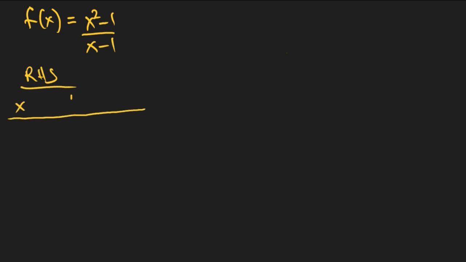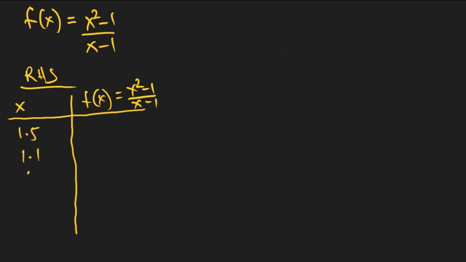Since it's approaching 1 from the right hand side, we can select values like 1.5, 1.1, 1.01, 1.001, 1.0001.